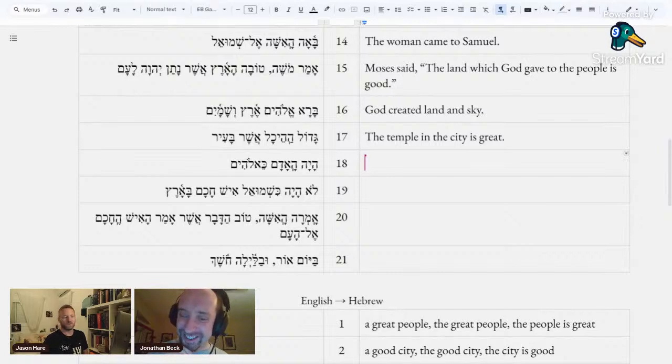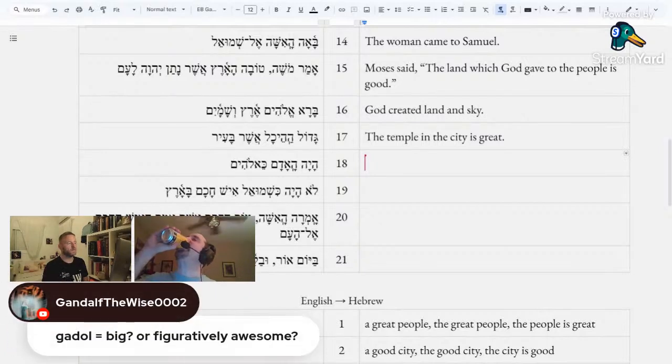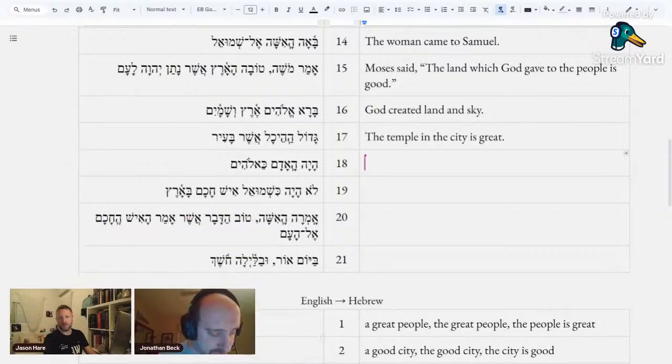So, gadol is big or awesome. Whenever you think about it like God, we say Ha'el Hagadol Hagibor V'Anora.